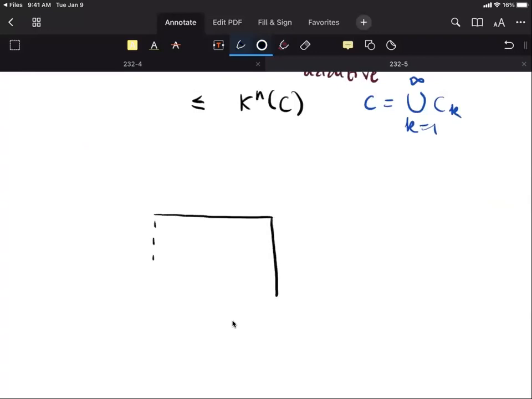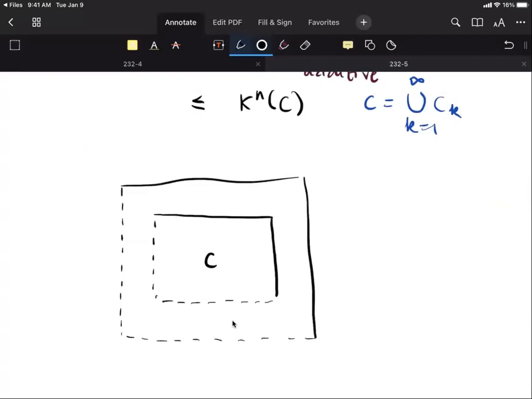So I have here a cell, let's say C. So let us reverse the figure. Let's start with a larger cell, and that is C. And let us take a smaller cell.